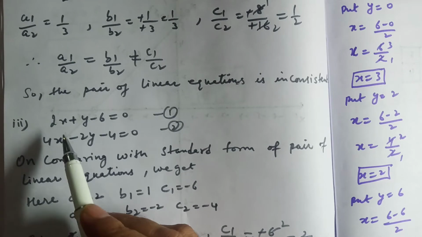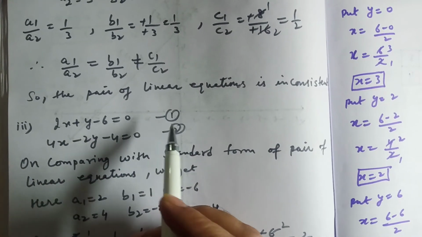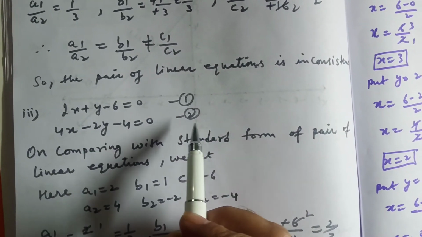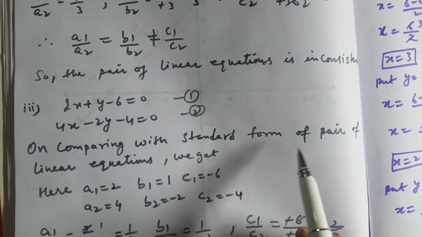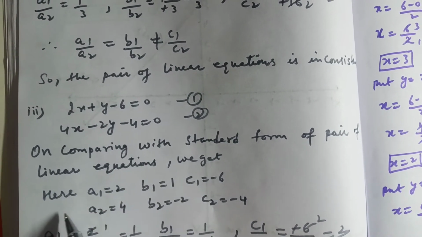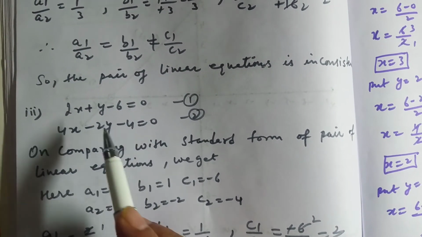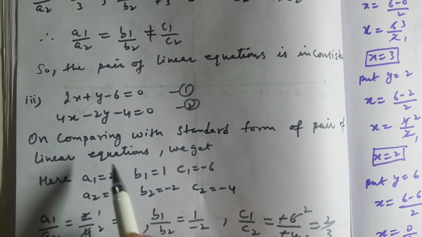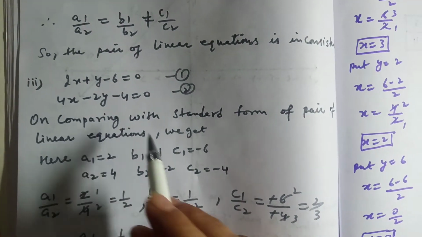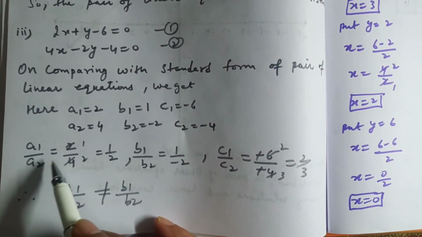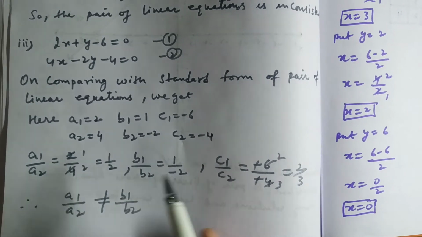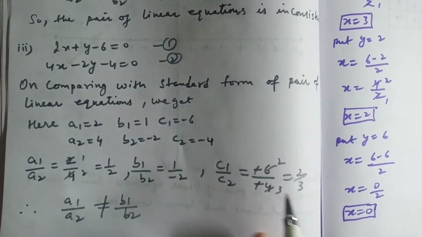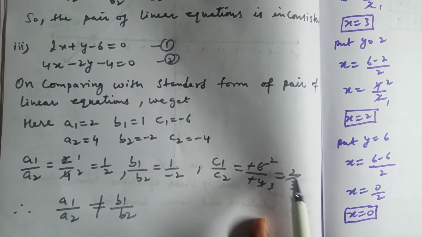Third part: 2x plus y minus 6 equal to 0, equation first; 4x minus 2y minus 4 equal to 0, equation second. On comparing with the standard form of a pair of linear equations, we get a1 equal to 2, b1 equal to 1, c1 equal to minus 6, a2 equal to 4, b2 equal to minus 2 and c2 equal to minus 4. a1 upon a2 equal to 2 upon 4, that is 1 by 2, b1 upon b2 equal to 1 by minus 2 and c1 upon c2 equal to minus 6 upon minus 4, that is 3 by 2.